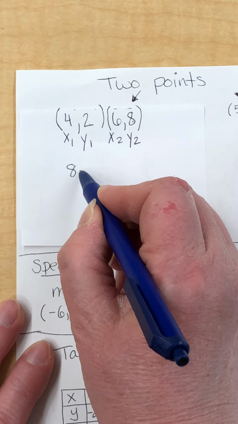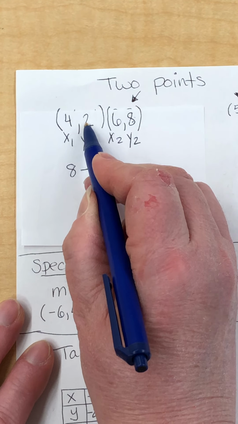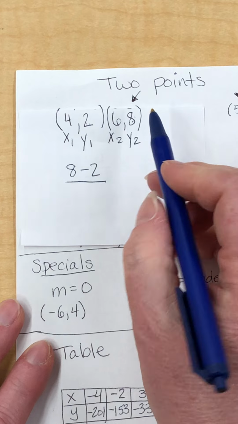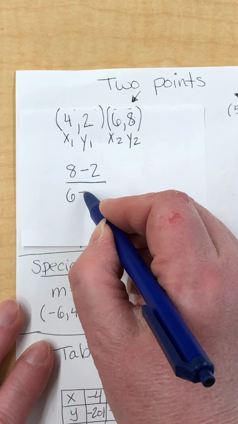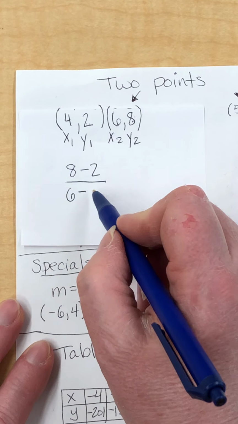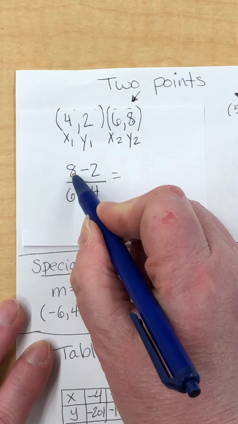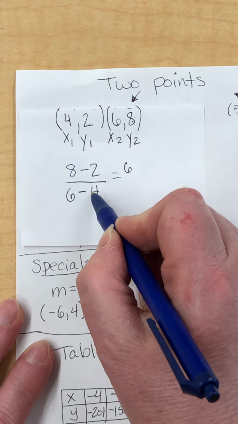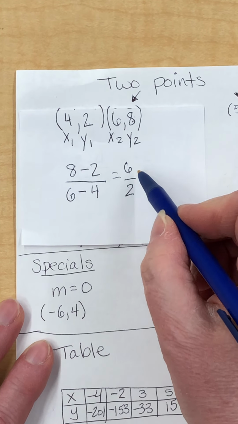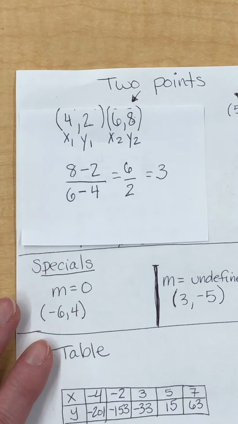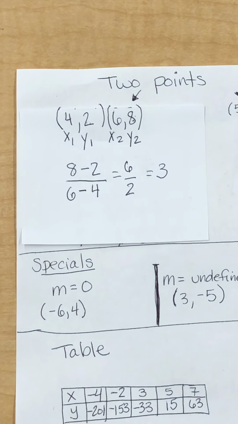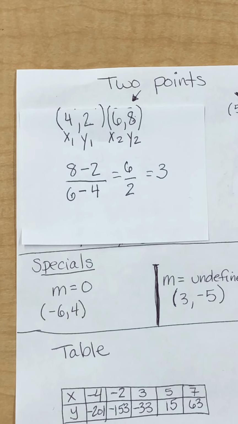So we have y2 minus y1, so 8 minus 2, divided by, the 8's x was 6, our formula was subtraction, and x1 is 4. So 8 minus 2 is 6, and 6 minus 4 is 2, and if it's fully divisible, we are going to divide it out and make our slope into a whole number.